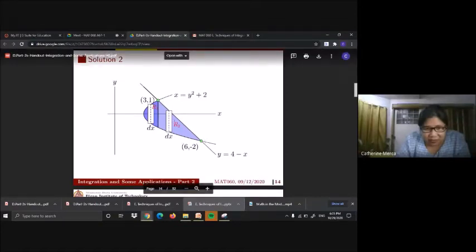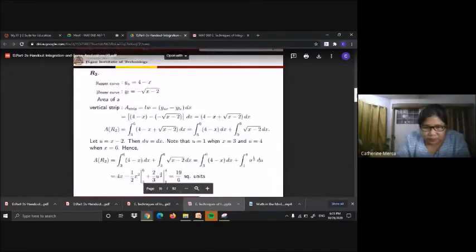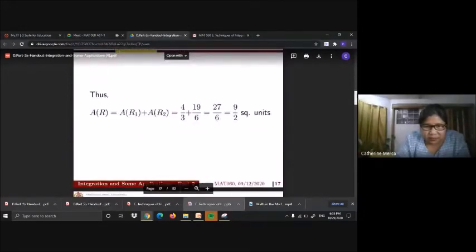That's why it is divided, because its value is different. That's why you have area of region 1 plus area of region 2.